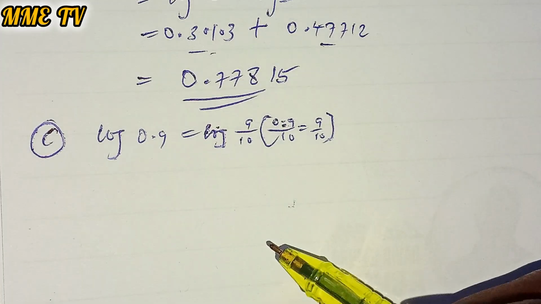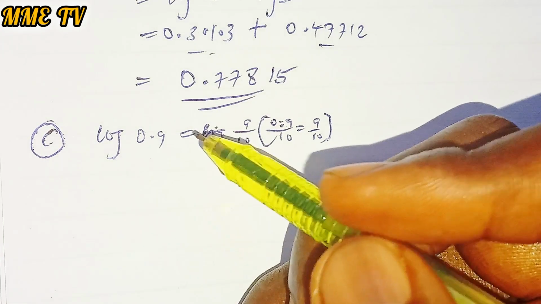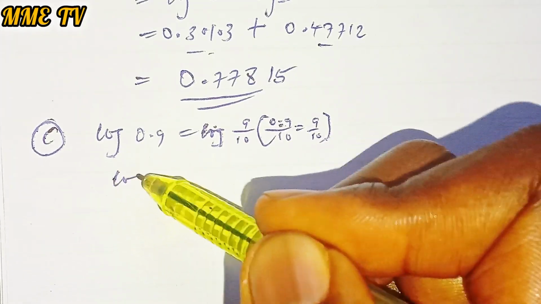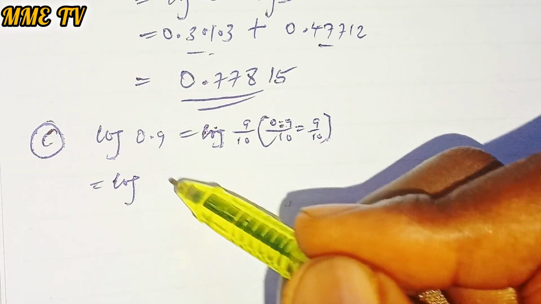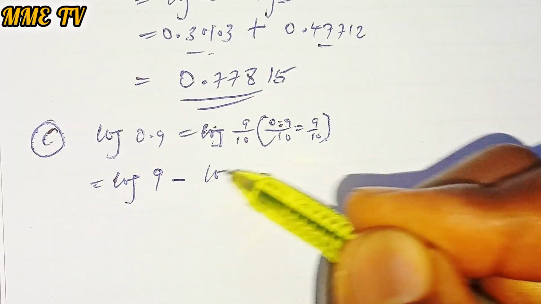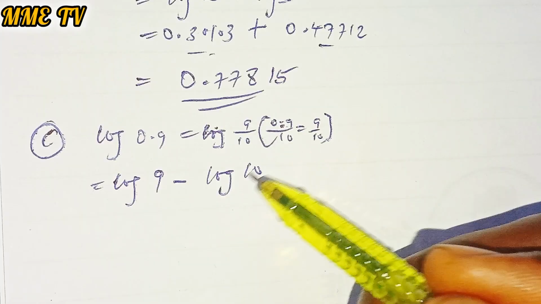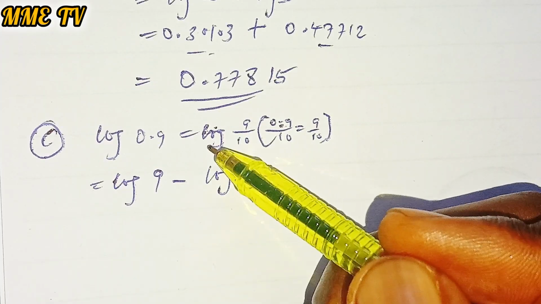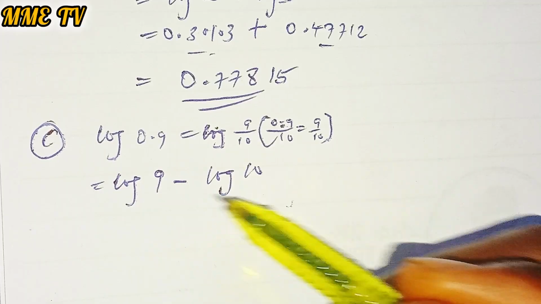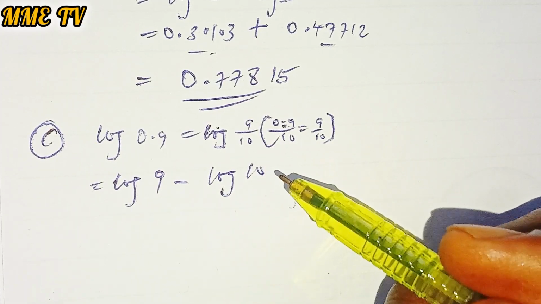Now in proceeding, this time around we'll be having log of 9 over 10 equal to log 9 minus log 10, because these are the two values which we've gotten, log 9 and log 10.